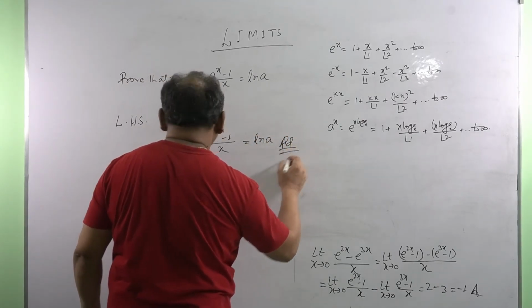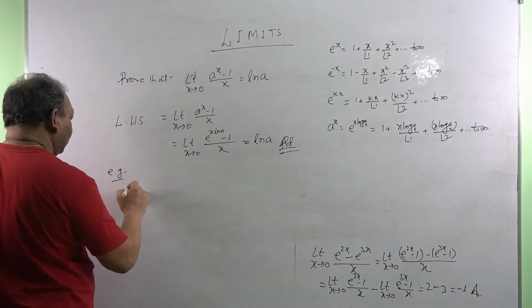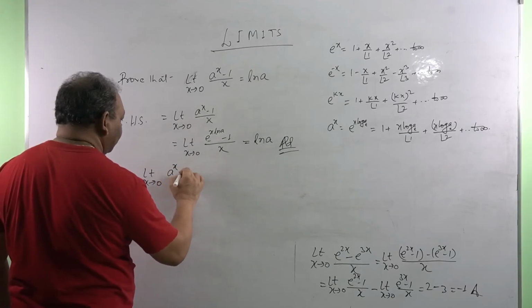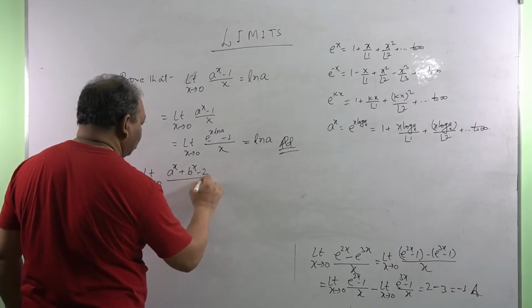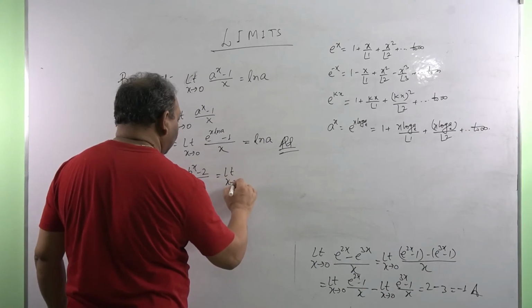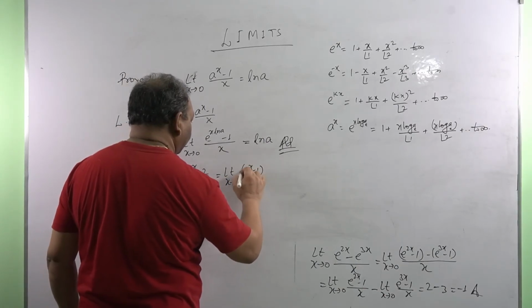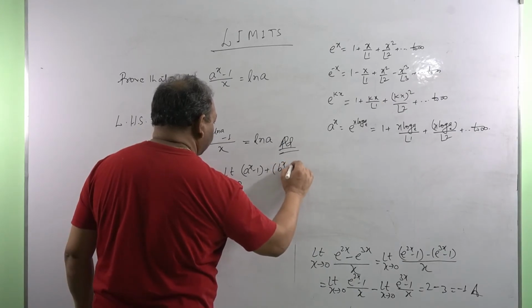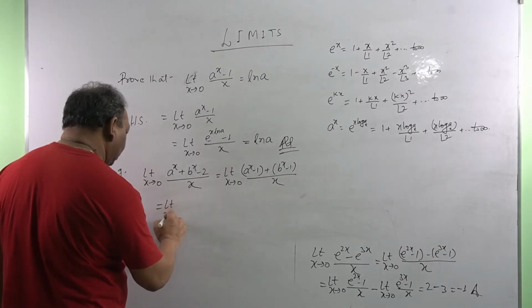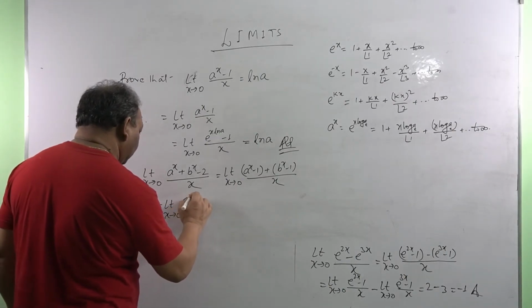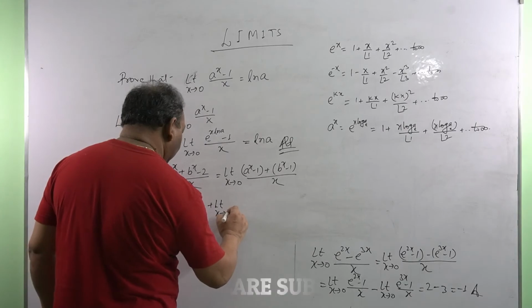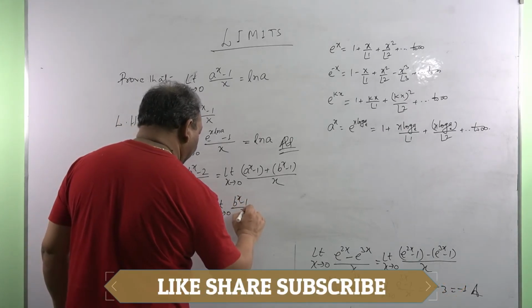That's all. For example, limit x tends to 0 of (a raised x plus b raised x minus 2) by x is equal to limit x tends to 0 of ((a raised x minus 1) plus (b raised x minus 1)) by x. Split this: limit x tends to 0 of (a raised x minus 1) by x plus limit x tends to 0 of (b raised x minus 1) by x.